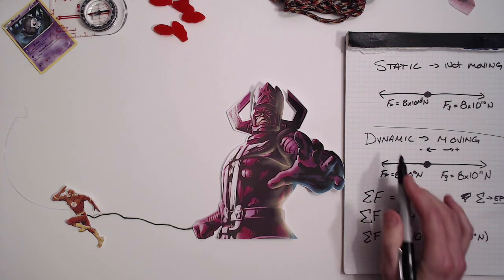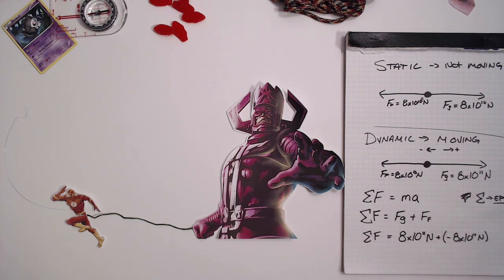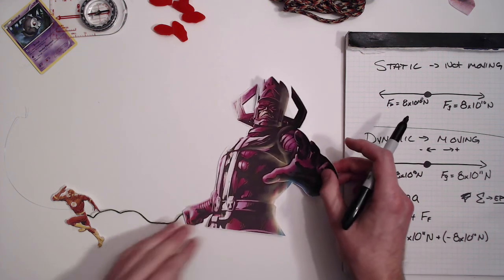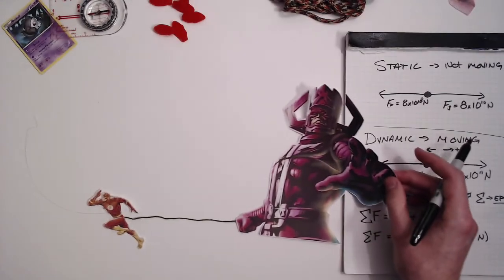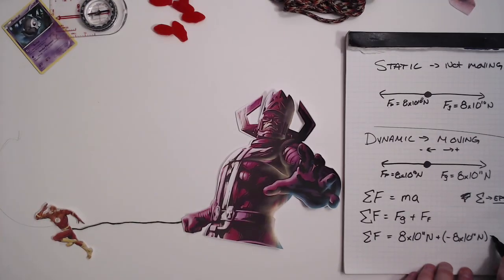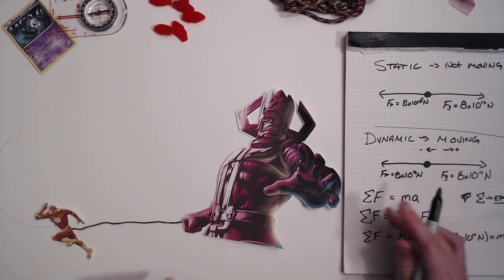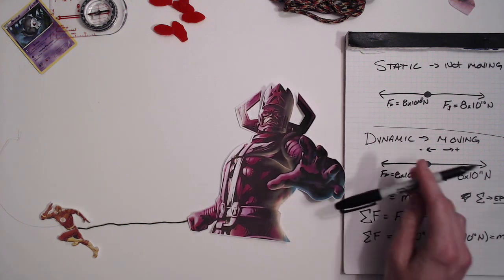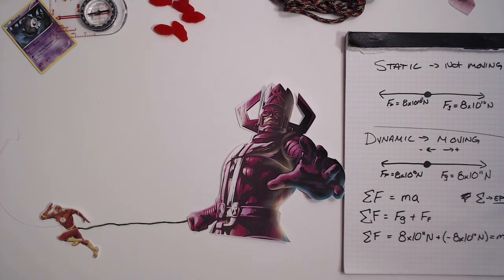Okay? And because this is a dynamic situation, the flash is going to be moving. Okay? Galactus is going to be pulling on the flash in the opposite direction. So this is going to be equal to mass times acceleration. And because the flash is being pulled, because Galactus is exerting a greater force, this needs to be the mass of the flash. Okay?